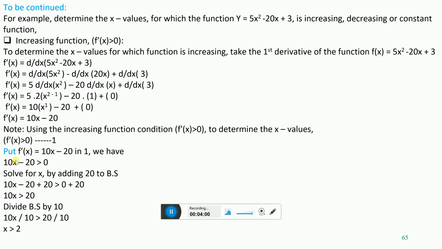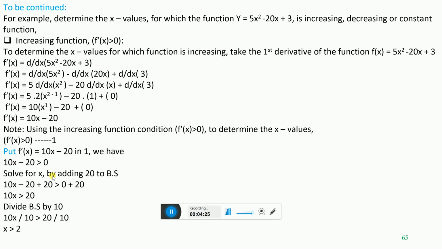We have to keep the variable x alone on the left hand side and transfer the other constants to the right hand side of the inequality sign. This is the sign of greater than. So to solve for x, we will keep x on the left hand side and transfer 20 and 10 to the right hand side.